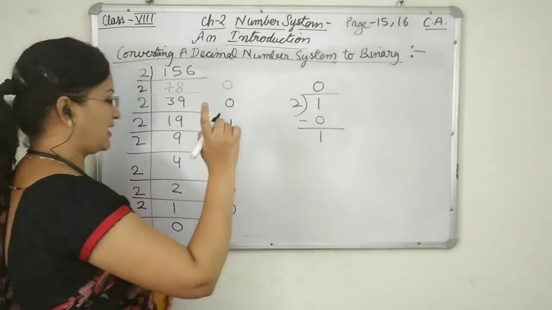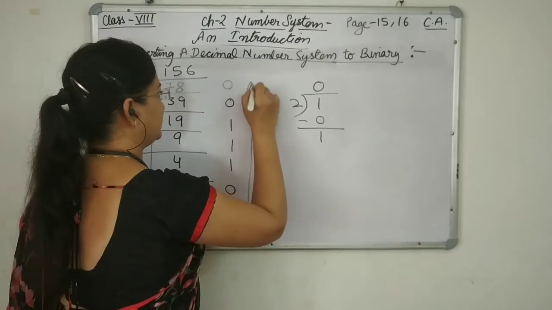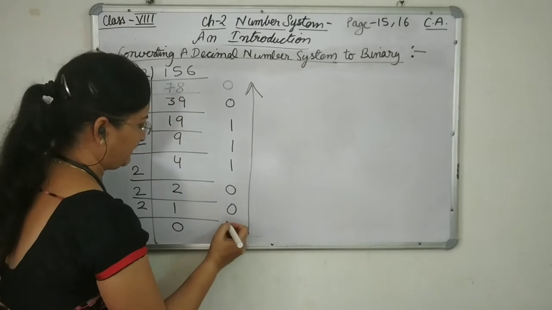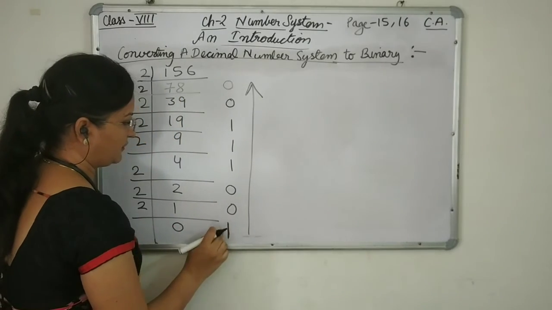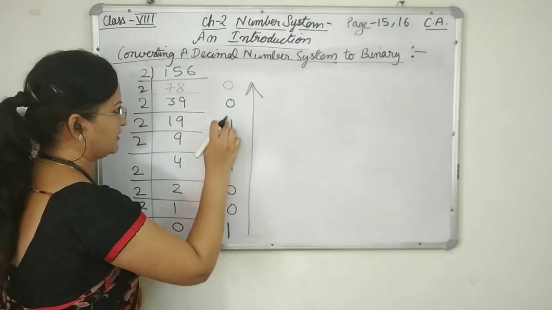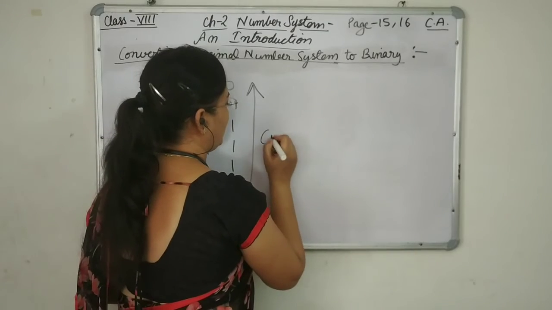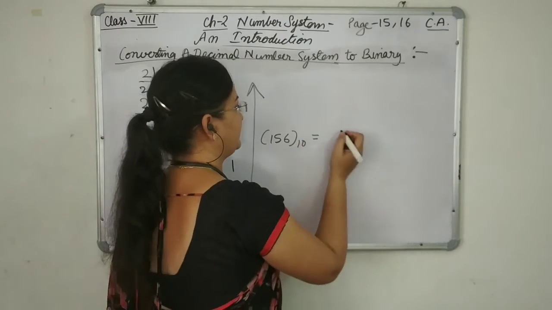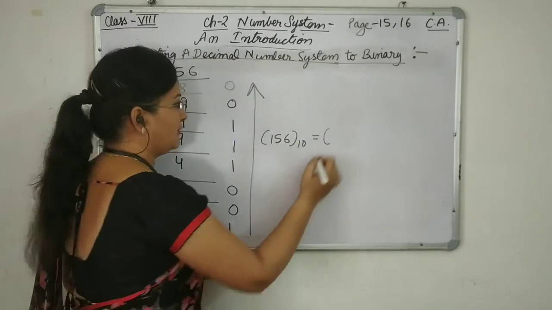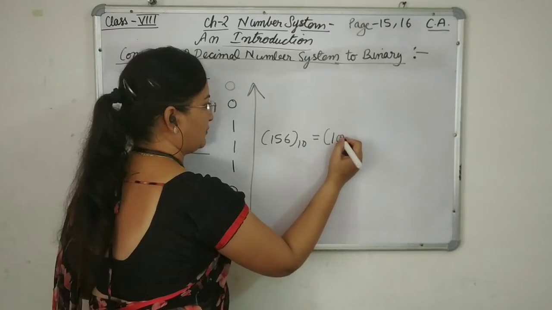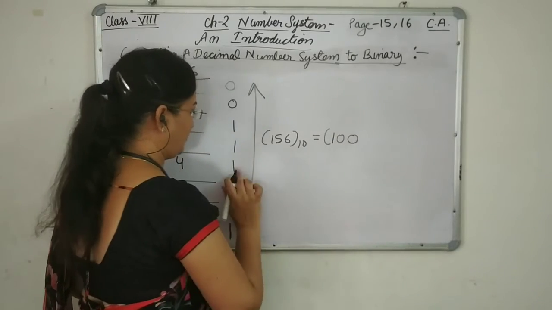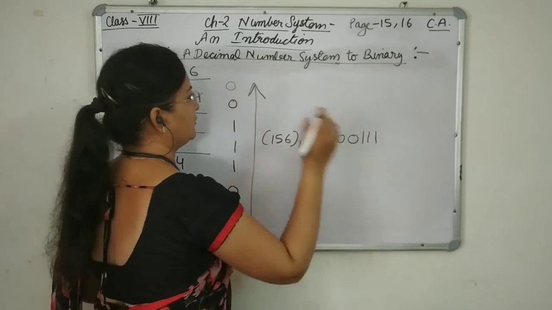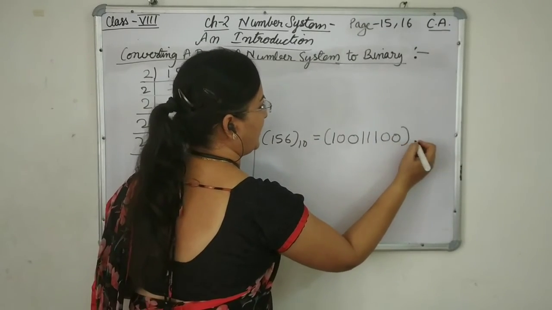Now how do we write the answer? Bottom up. When we read bottom up, the answer is 100111100. So 156 base 10 equals 1 0 0 1 1 1 1 0 0 base 2.